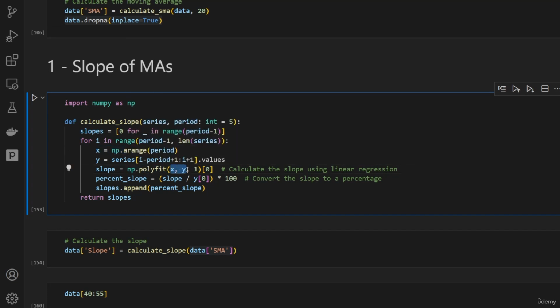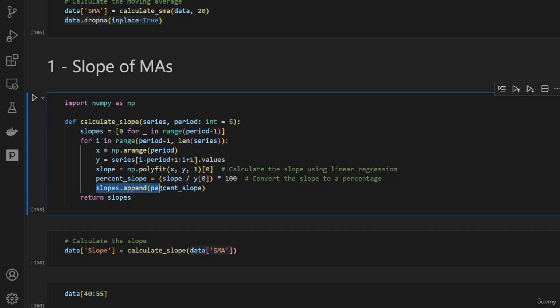We feed x and y in there, first degree fitting, so we just need a slope, and then 0 to get the values. And we convert the slope into a percentage slope by dividing it by y0 times 100. So it's just the slope as a percentage of the y value, which is the moving average value.